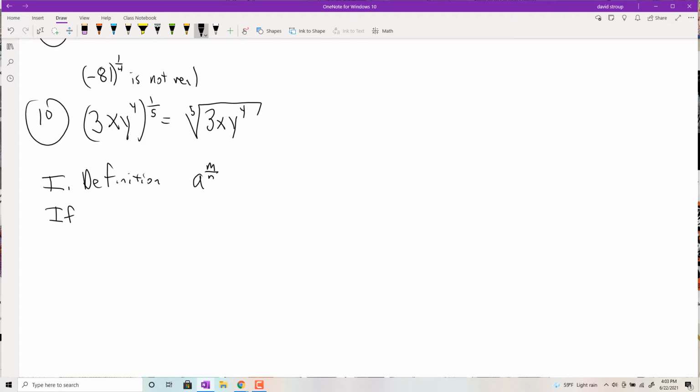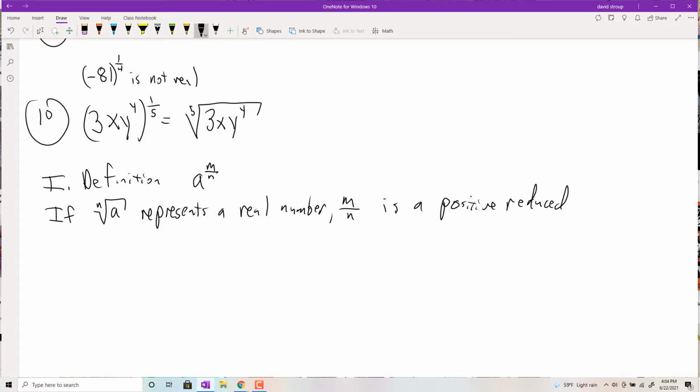We say if the nth root of a represents a real number, also that m over n is a positive rational number that has been reduced to lowest terms, no less. So it's a positive reduced rational number.